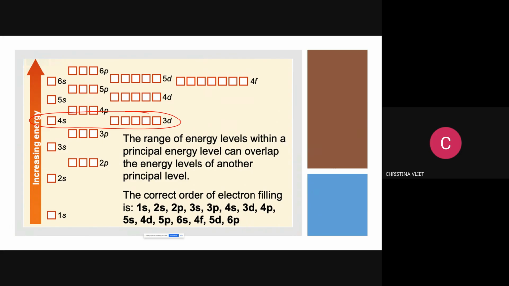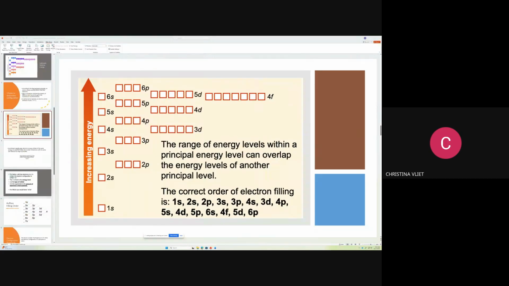And so I just wanted to bring that up. And this concept here is going to come into play several times in this lesson. So I just wanted to bring that back up, that 4s and 3d have very similar energies to each other. And in Cambridge's standards, they wanted you to demonstrate that you understood that.